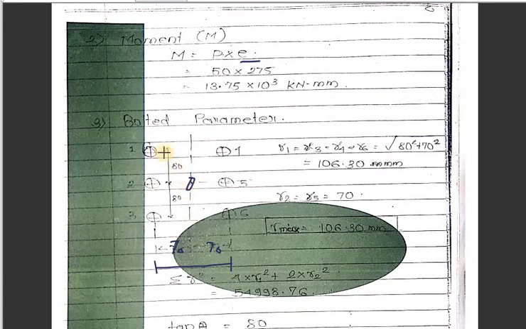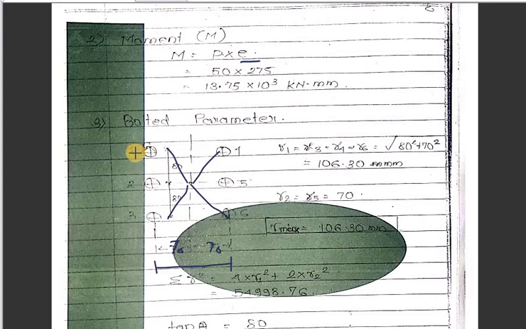So how to find out this distance? This distance is an inclined distance. How is this hypotenuse distance to be calculated? Because the center is this point, and we have to find out the distance of the first bolt with respect to the center of the plate. This distance and this distance are the same.